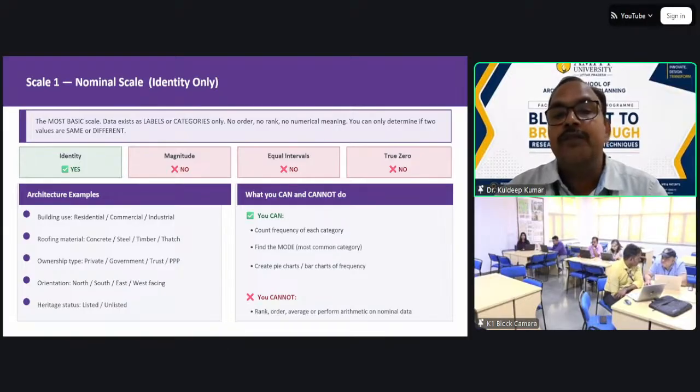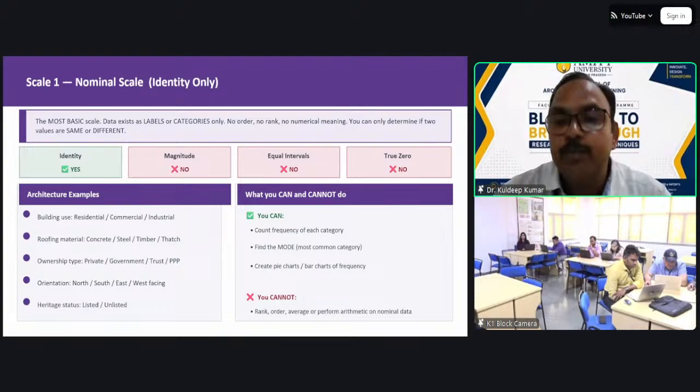So all of these are actually labels and not natural ranking. So we can easily say that brick is not more than concrete. We cannot say that residential is greater than commercial. They are simply different. So what you can do with nominal data is that you can count the frequency of each category.